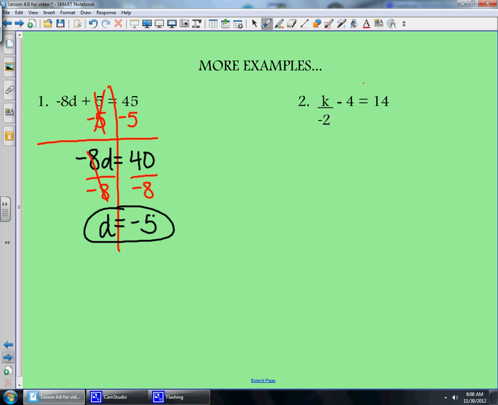Let's look at this problem. We need to change this from subtraction to addition, so k divided by negative 2 minus 4 becomes plus negative 4. So we add the opposite, which is going to be positive 4 to each side. Negative 4 and positive 4 is 0. So we're left with k divided by negative 2 equals 18.